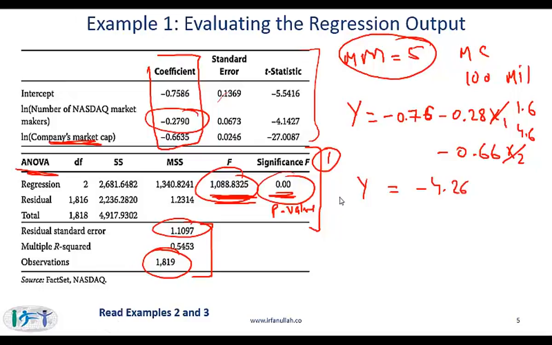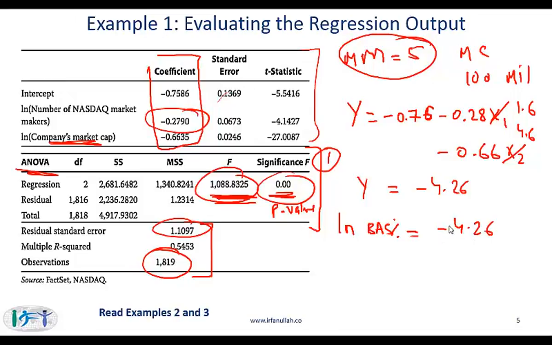Are you done? Not quite. Why? Because this is log. Okay, so the natural log of the bid ask spread percent is equal to minus 4.26.